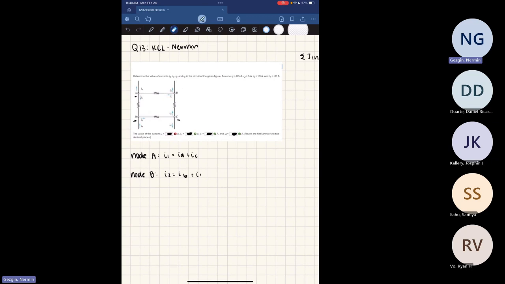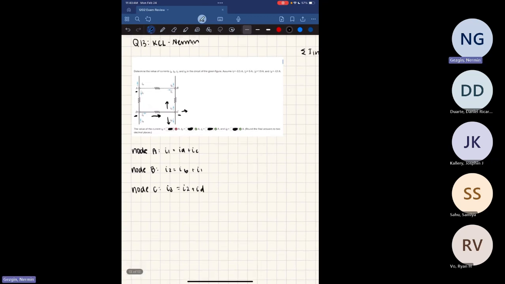So now let's look at node C. Node C is this one right here. We see that I3 is coming in, I2 is coming out, and ID is coming out. So we do I3, which is coming in, is equal to I2 plus ID.